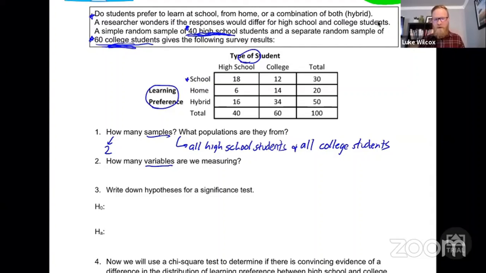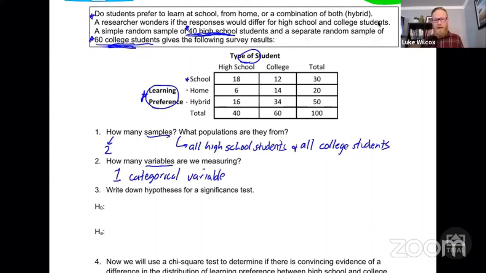So when we went to our random sample of 40 high school students, we didn't have to ask them whether they were high school or college and record that as a variable. We knew that up front because we took a random sample of high school students. So this right here is in fact our only variable. And I do want to point out that it is a categorical variable with 3 possible categories of school, home, and hybrid. So I'm going to say that there is 1 categorical variable here.